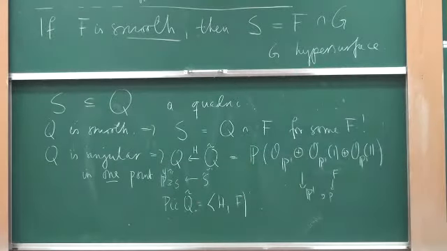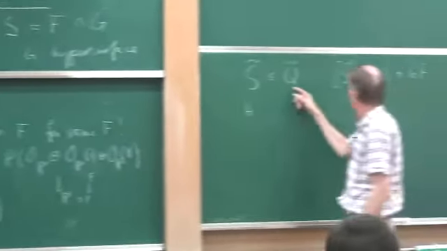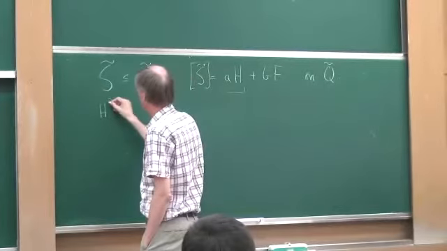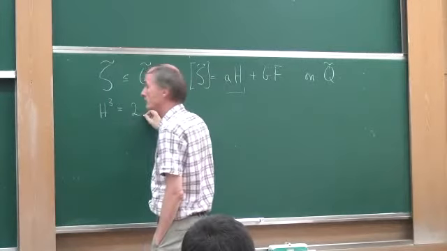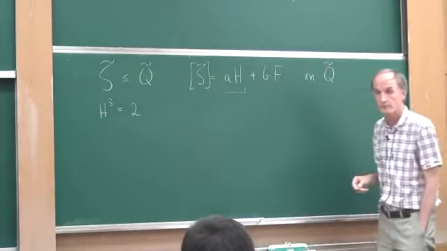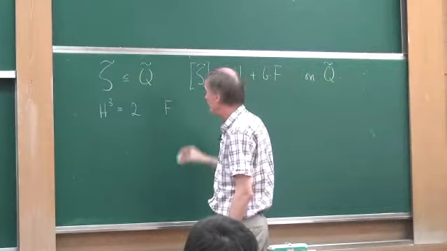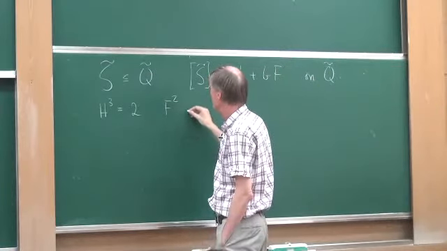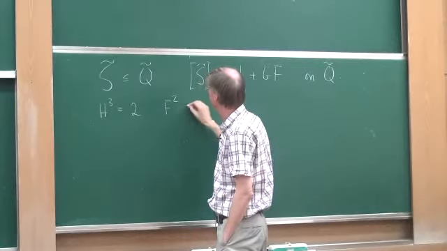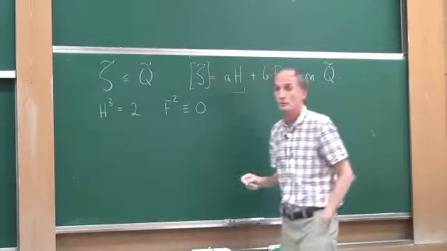Okay. So let's try to find that line in a way. If I look at the intersections on the threefold, I get H cubed equal to 2. That's the degree of the quadric, right? And I have F squared times anything equal to 0, because that's two fibers.